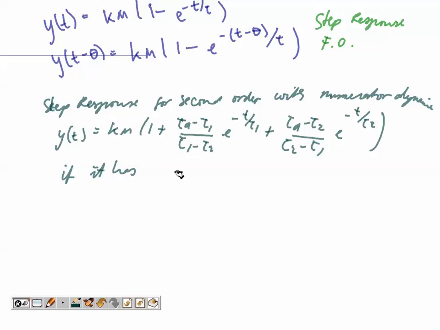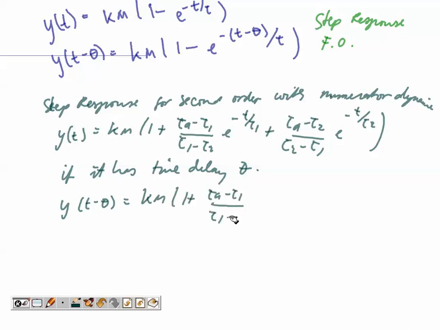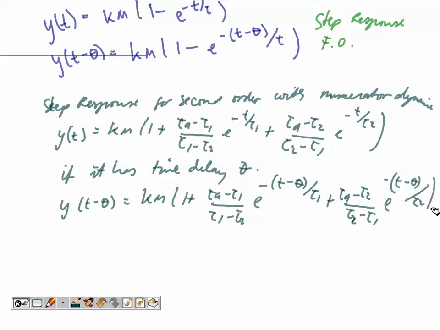Then if it has time delay theta, we can write y(t minus theta) is Km(1 plus (tau_a minus tau_1)/(tau_1 minus tau_2) e^(-(t minus theta)/tau_1) plus (tau_a minus tau_2)/(tau_2 minus tau_1) e^(-(t minus theta)/tau_2)).